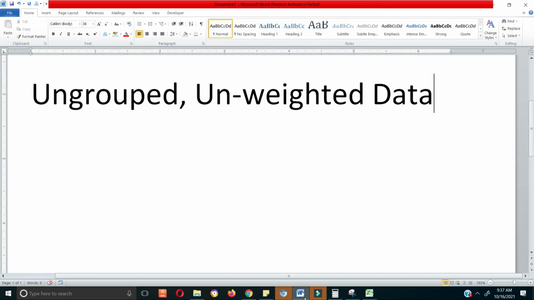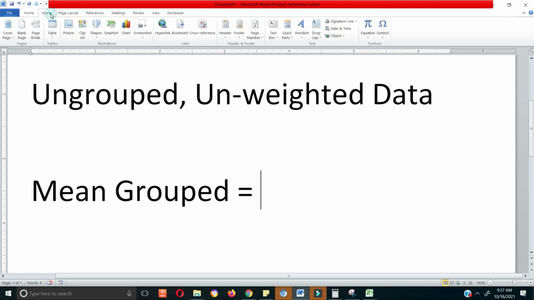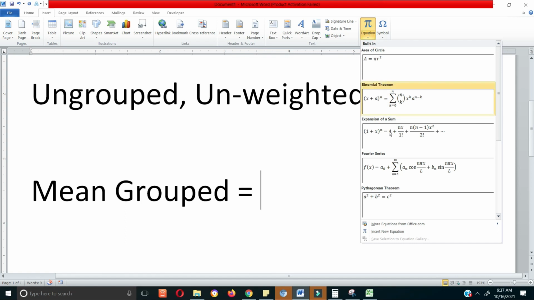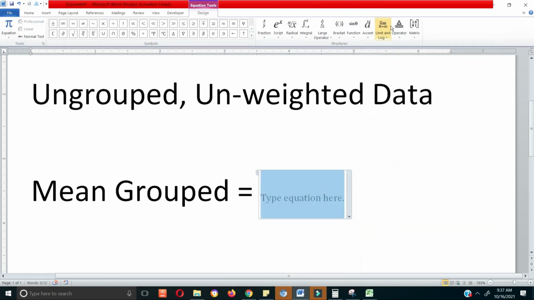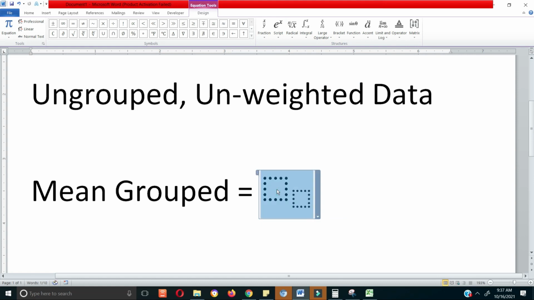So if you want to get the mean for grouped data, the mean grouped is actually going to be the summation of the frequency.